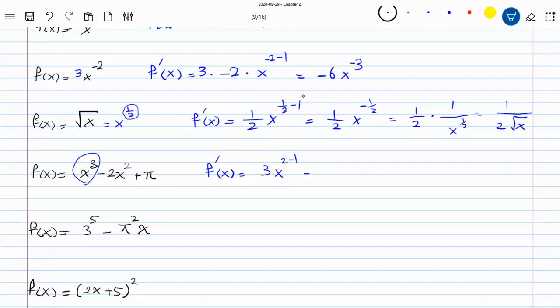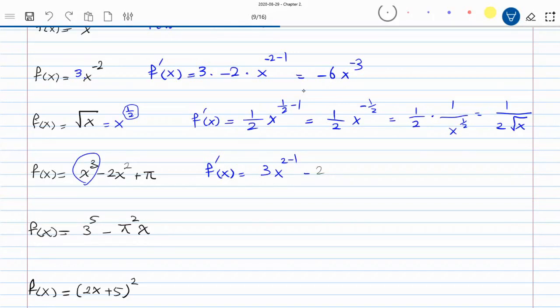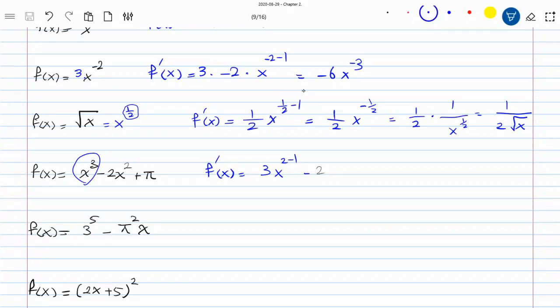I'll do 2x next line. Let's try 2x squared first. The derivative of 2x squared would be keep the 2. This is the coefficient. I kept it. Now I drag down the other 2, 2 times 2x to the power 2 minus 1. Subtract 1 from the exponent.